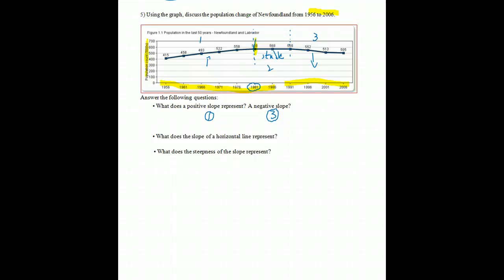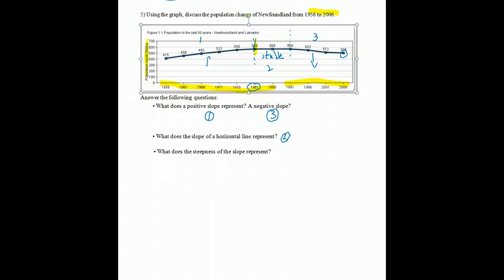Well, in this section here, section 2 of the graph, a horizontal line means the population is not increasing or decreasing, it's staying stable. And it looks like 2006 starts to enter a period of staying stable. But we won't see that until more time has passed.